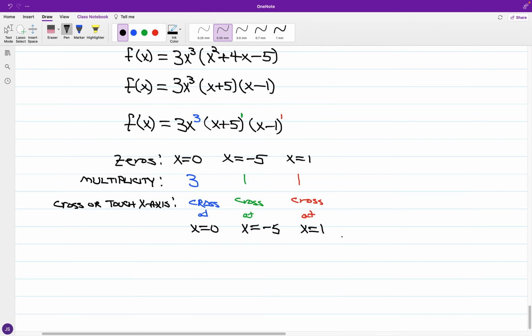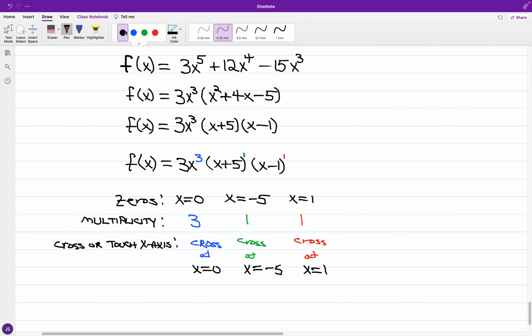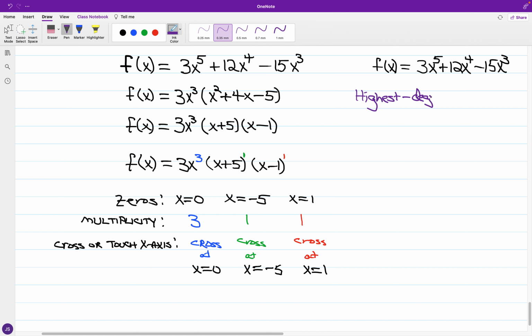Okay. And in terms of what we have for the end behavior, so we have for the highest degree term, the expression is already in descending degree order. So that's going to be 3x to the 5th.